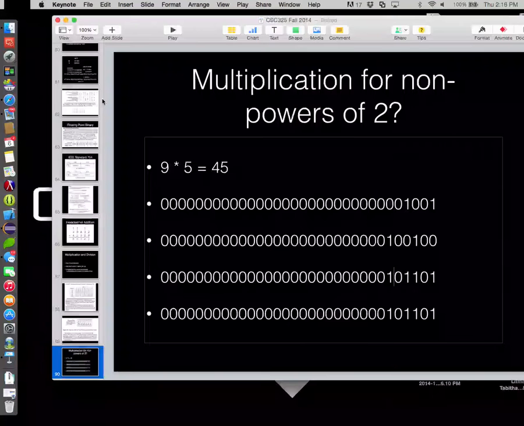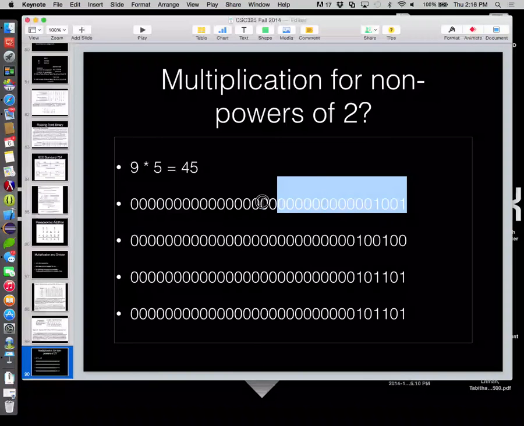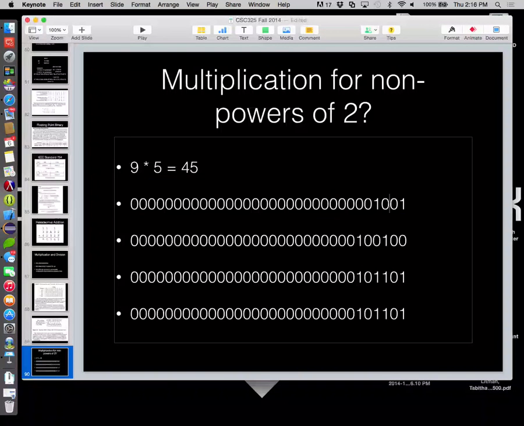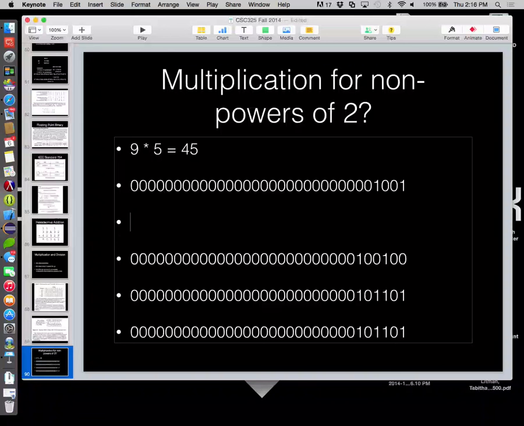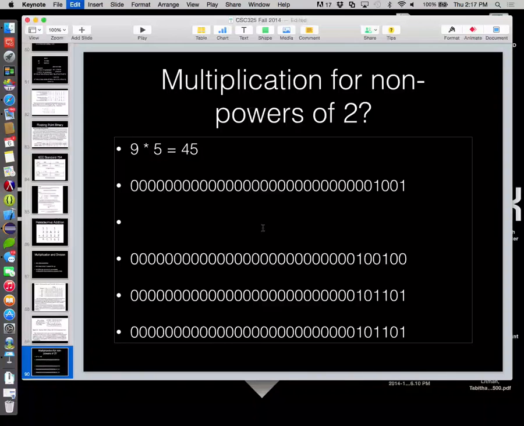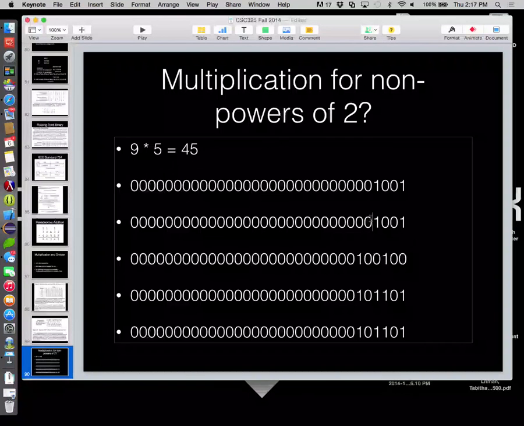So if I have this number right here, and I want to shift it to the left once, it should become that number, correct?